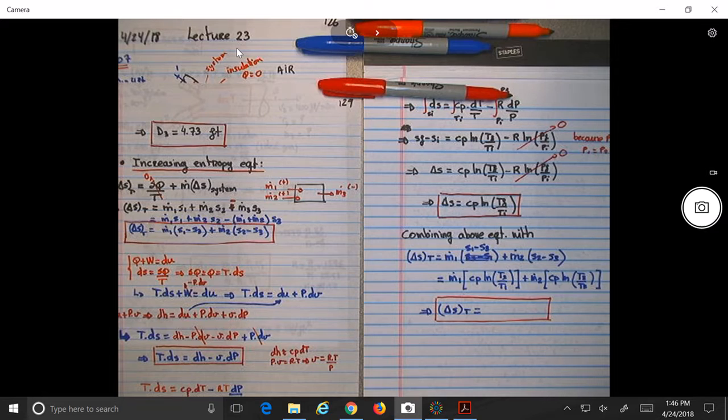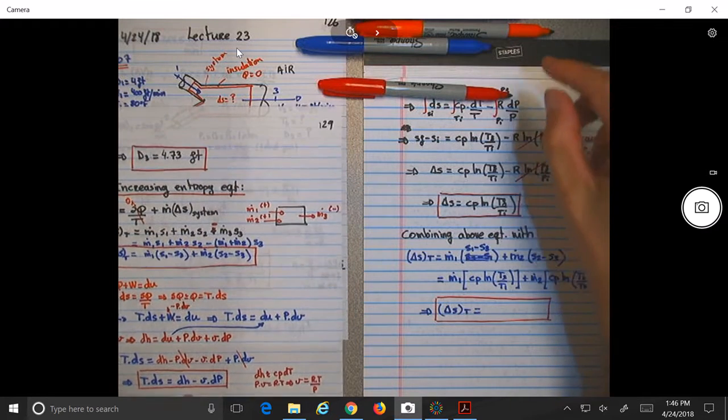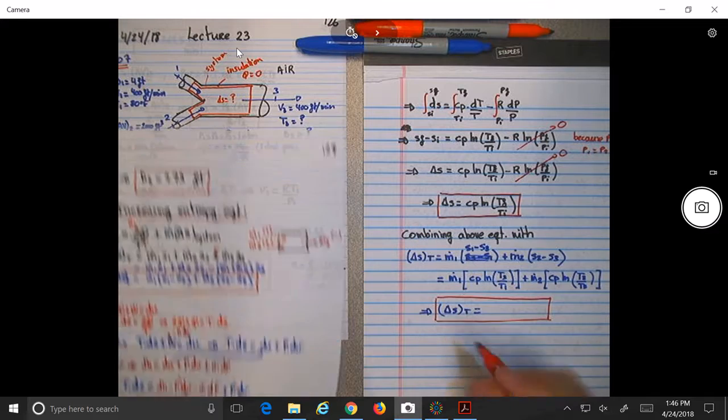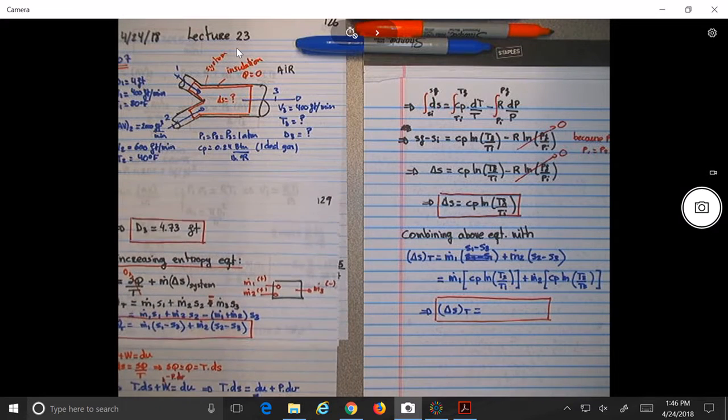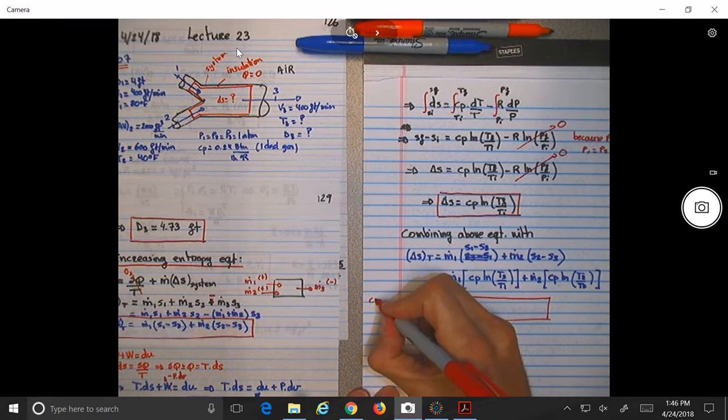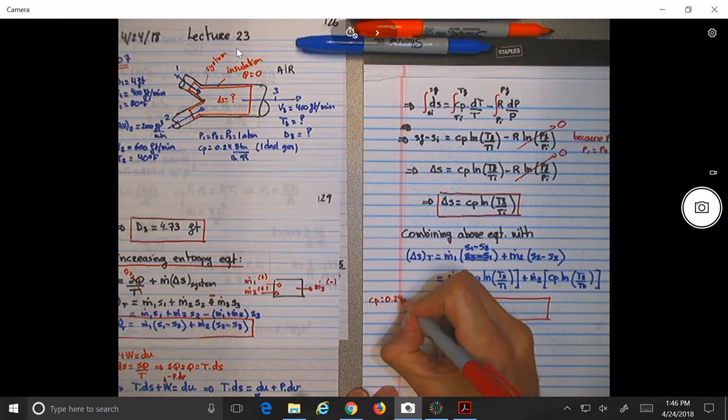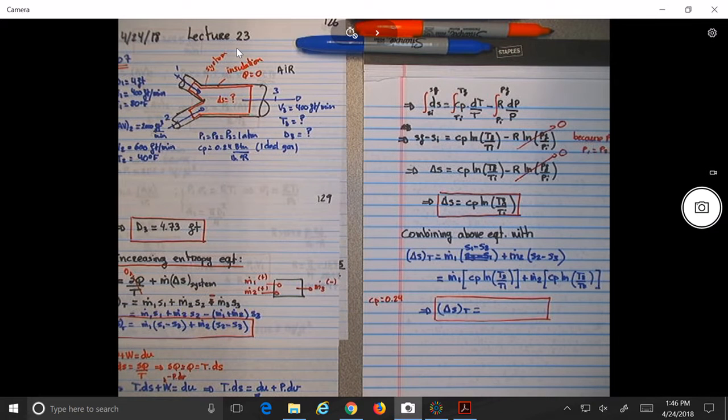So be careful, we have all the temperatures in Rankines, no? Make sure you keep the temperature in Rankines, and the Cp was given to us at the beginning of the problem, the 0.24 BTUs per lb Rankine, so that should be okay, yeah.